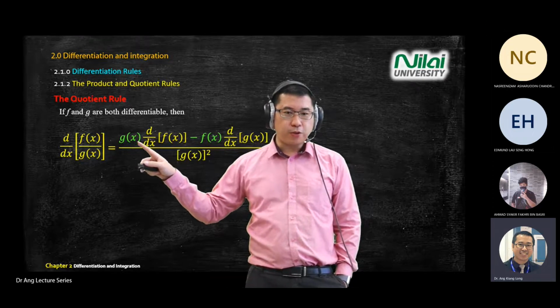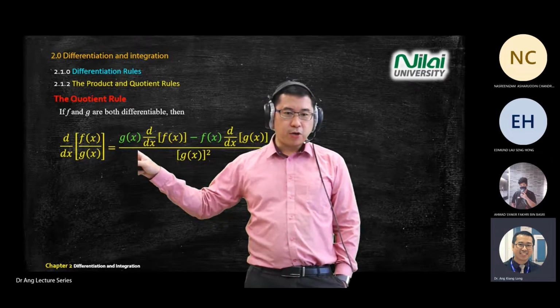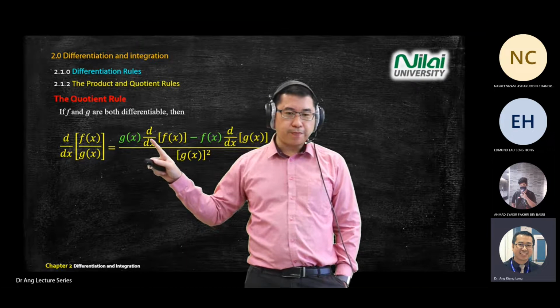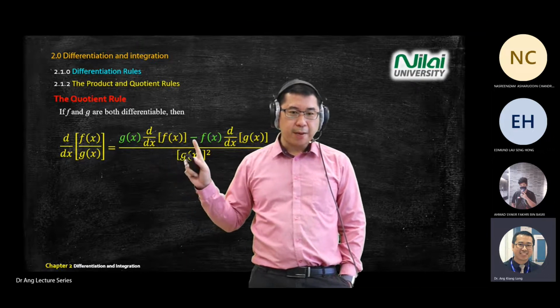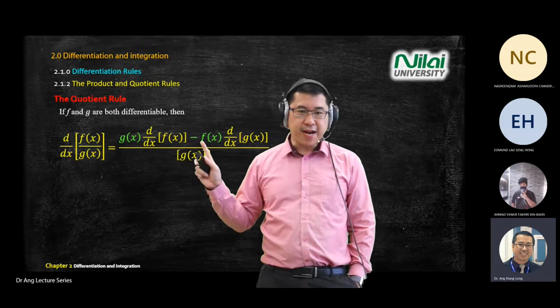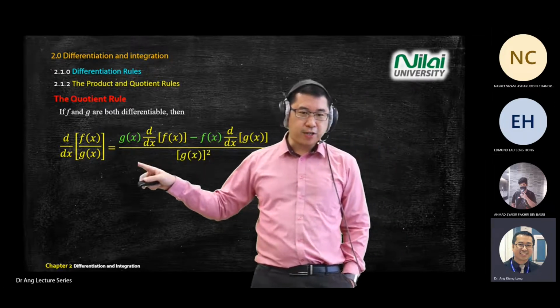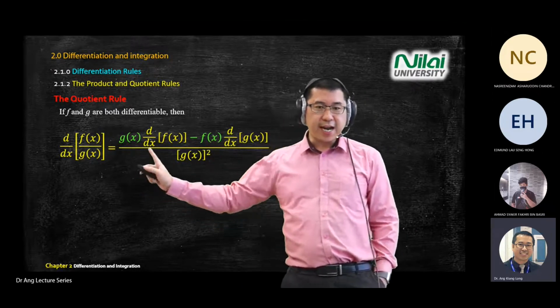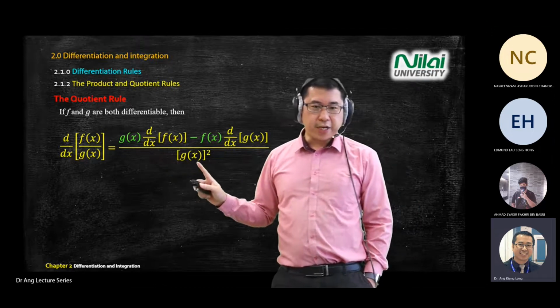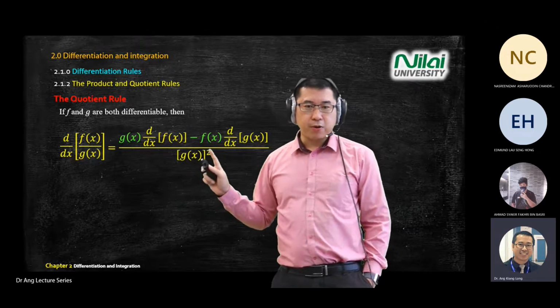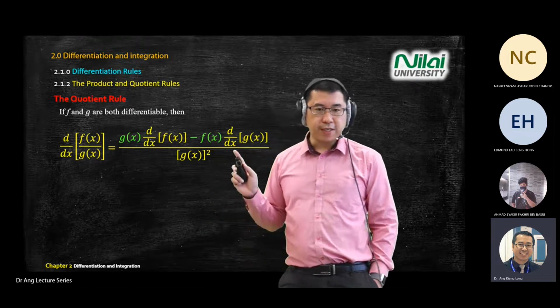How do you use it? You take the bottom one, the g x, and then you differentiate the f x, minus f x, the top one, multiplied by g x differentiated, divided by g x power 2. This is just a general equation.